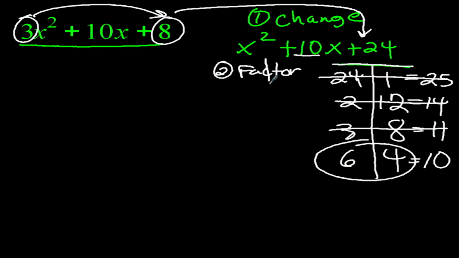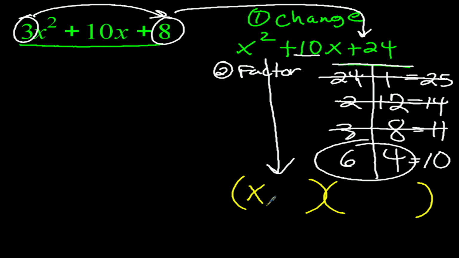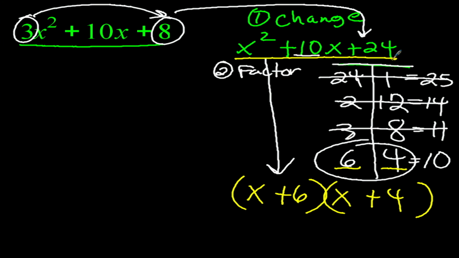So now we take this equation, and we're going to factor it into 2 binomials. The factors of x squared are x and x. And then we have our other 2 factors that we were looking for, x plus 6 and x plus 4. Now remember, once we have those, that is our equation that we changed.